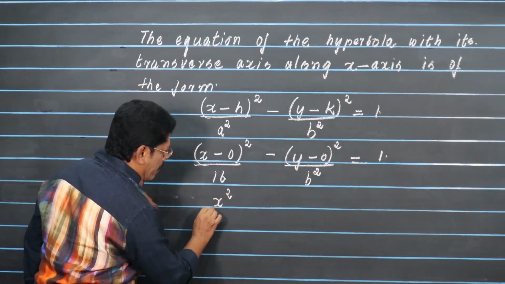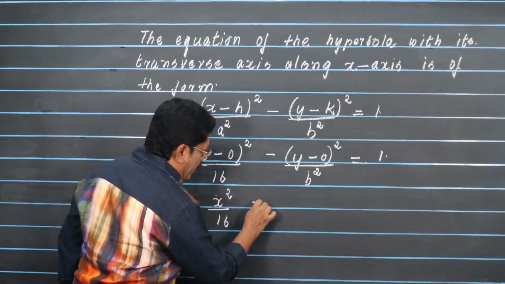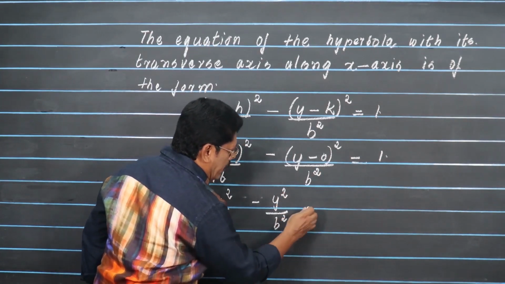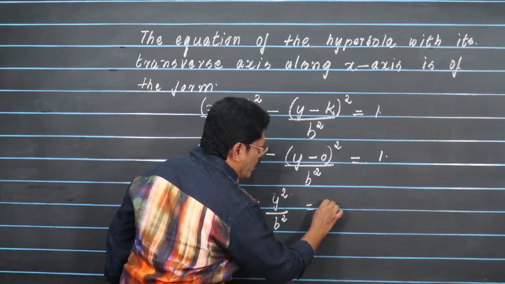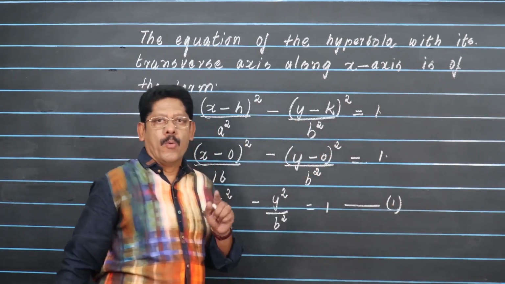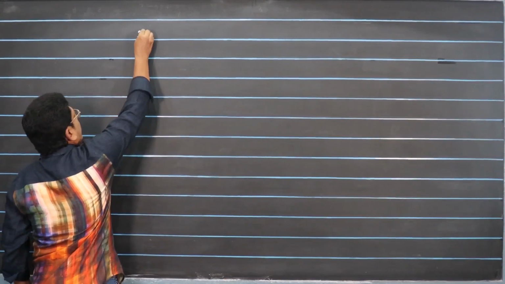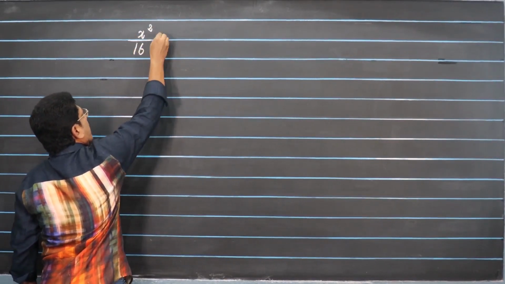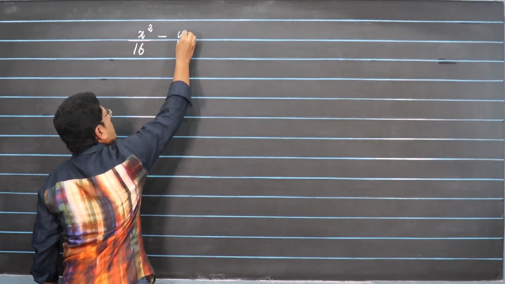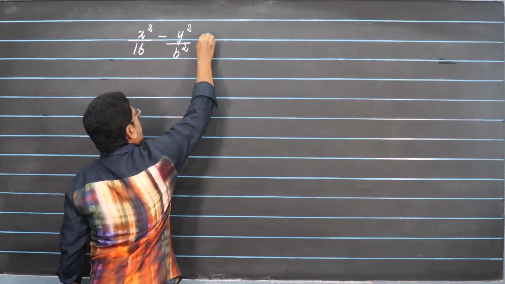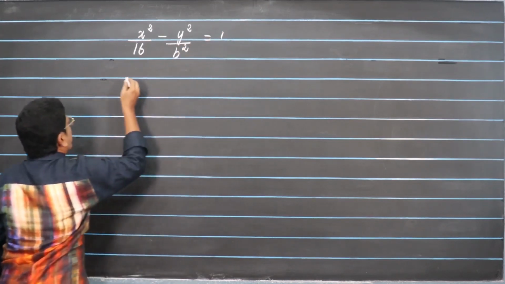So x squared by 16 minus y squared by b squared equal to 1. This will be your equation 1.